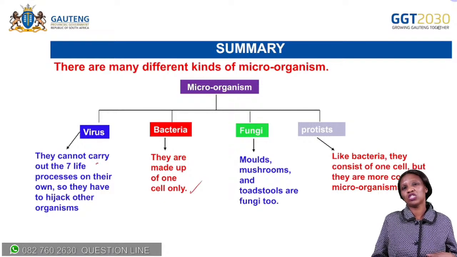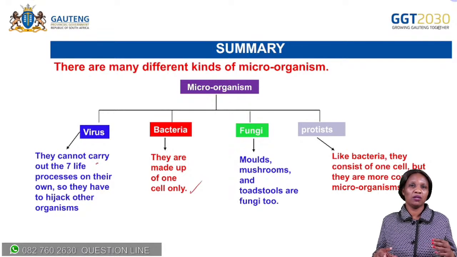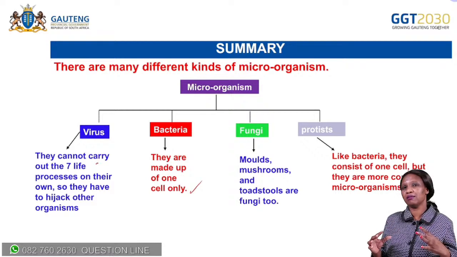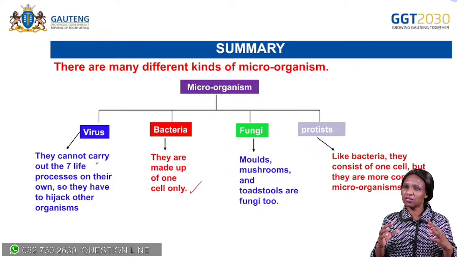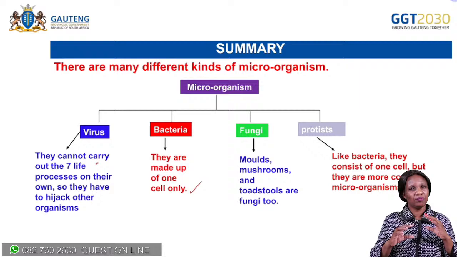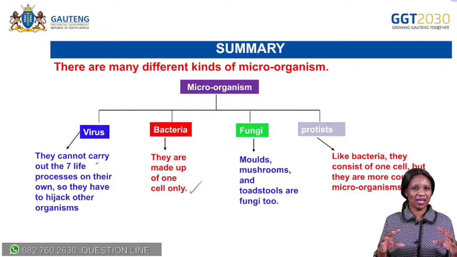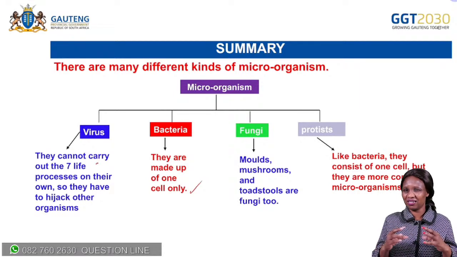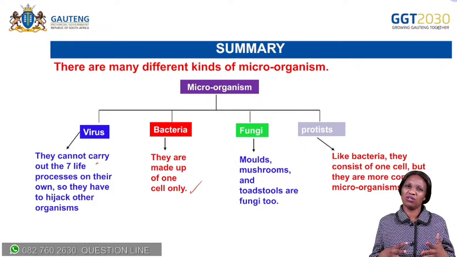Fungi, we've got molds. All right? For example, if the bread is stale, have you seen the thread like on bread? The bread will be having thread strings or filaments. That is the mold.